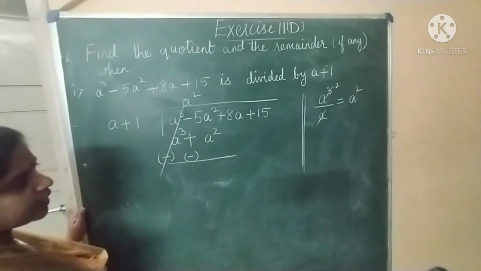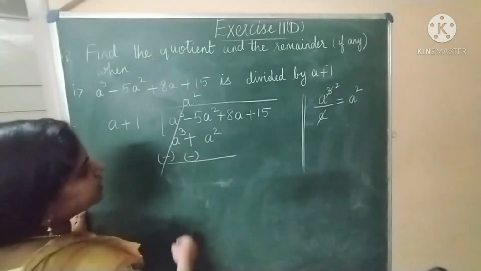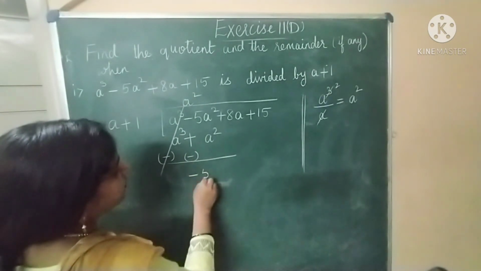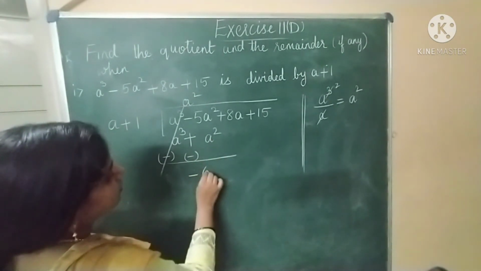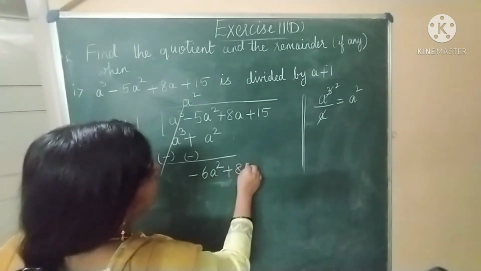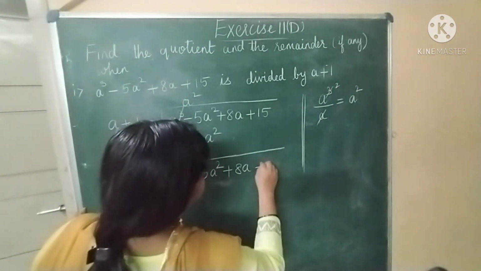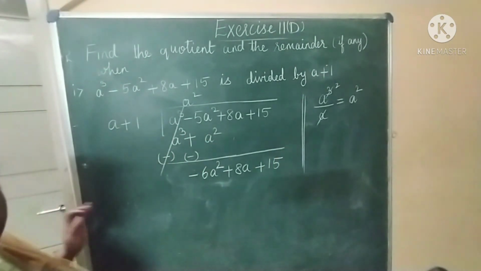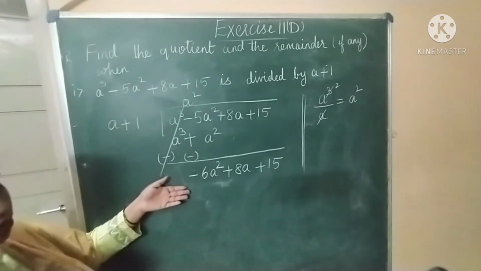Here the first term will get cancelled. Minus and minus is addition. So common sign, minus 5, it is addition, minus 6a square, and then bring down these terms, 8a and then plus 15. Next, again, if you see, the remainder is not 0 yet.